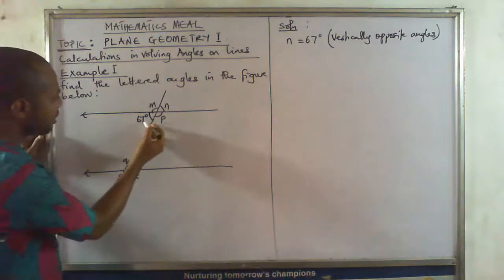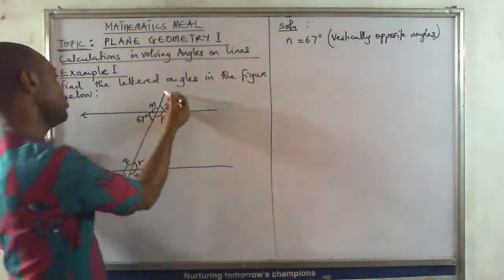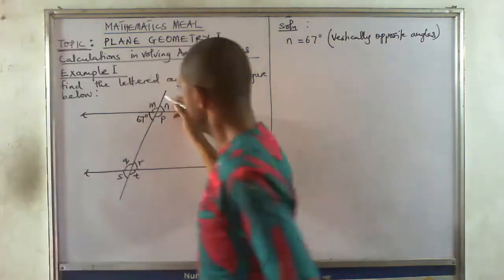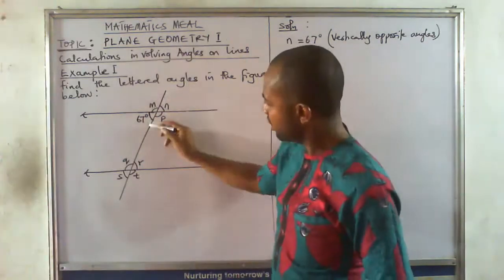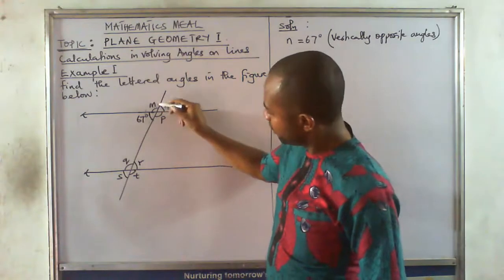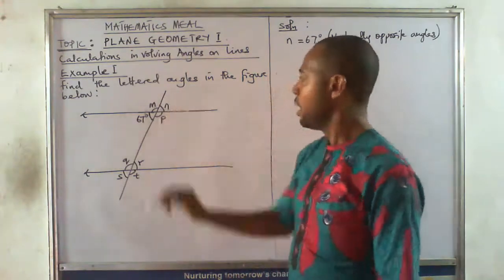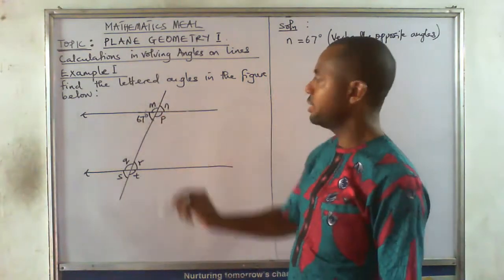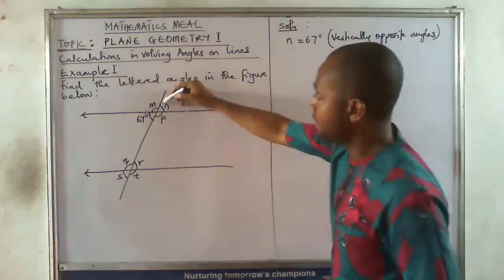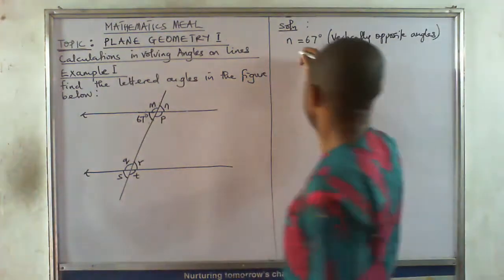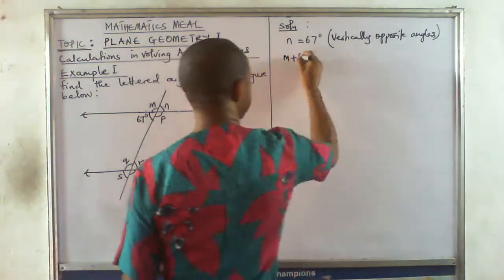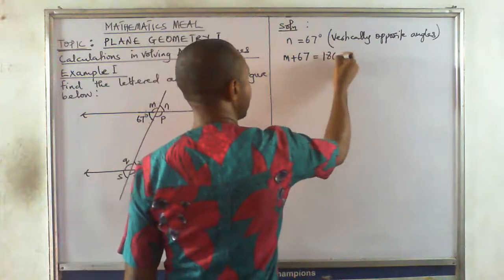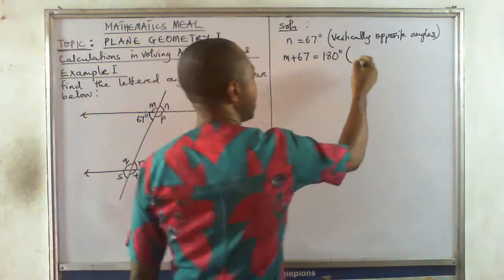Then look at 67 and the M. You know, they are angles on a straight line. You look at that, 67, this is a straight line. This line now is straight because you can draw a semicircle from there landing on that at that point. So it means that if I add M and 67, it's going to give me 180 degrees. Why?